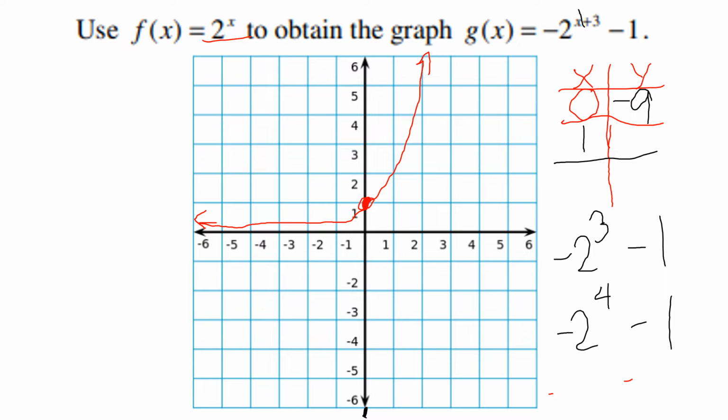So that's negative 16, because 2 to the 4th power is 16, but you have a negative number out front of the base, which makes that negative. Minus 1 is negative 17. Now, had this been in the parentheses, that would have been a whole different thing. All right? So remember, unless it's in the parentheses, that base is going to remain negative. And keep in mind, this is best utilized when you're dealing with transformations.